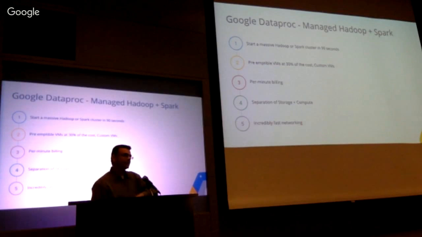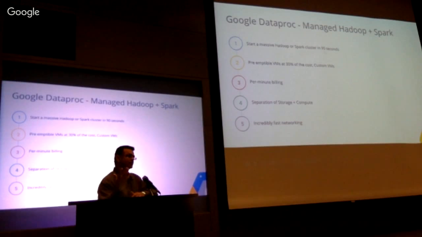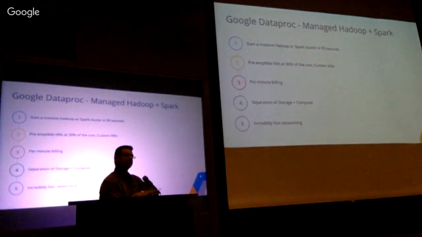So we actually can take that pain away from you. We can start a big cluster that runs either Hadoop or Spark jobs in literally seconds. A couple of minutes, you'll have a pretty large cluster ready. These are preemptible VMs, which means if you do not need an SLA critical job, you can actually give your VMs to somebody else, and you will get a big discount on the amount of money you spend.